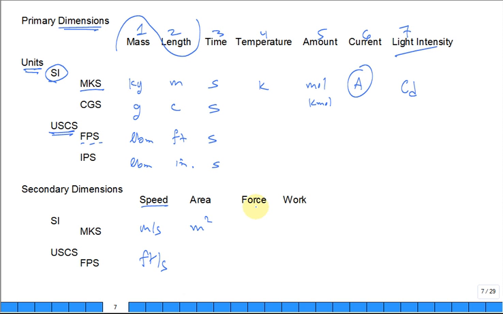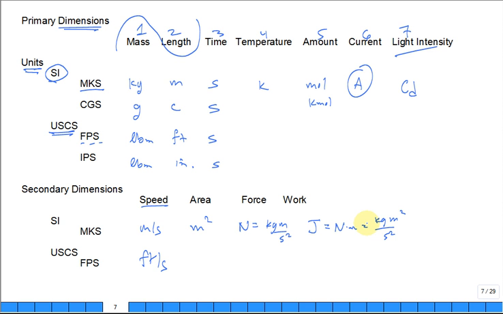What's a force? Uh-oh. A Newton, which you can break down into one of the 7 fundamentals: kilogram meter per second squared. What's a work? Same as energy? Joule, excellent. Which is a Newton times a meter, which is a kilogram meter squared per second squared.